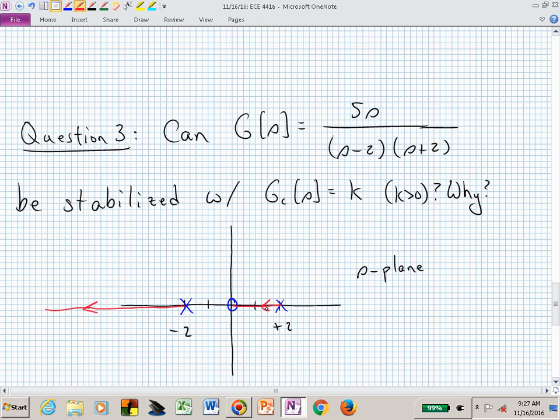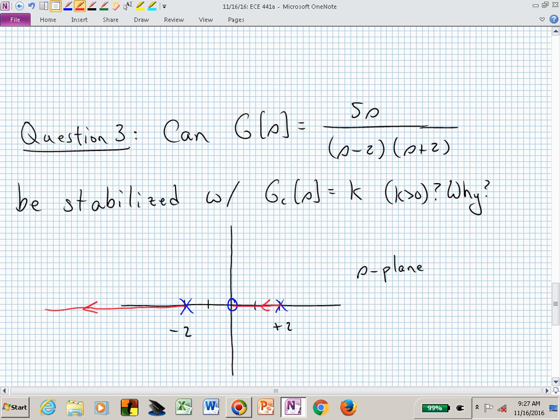This poor guy is stuck, isn't he? Between 2 and the origin, for any positive gain k, it's unstable. So you can't stabilize this.